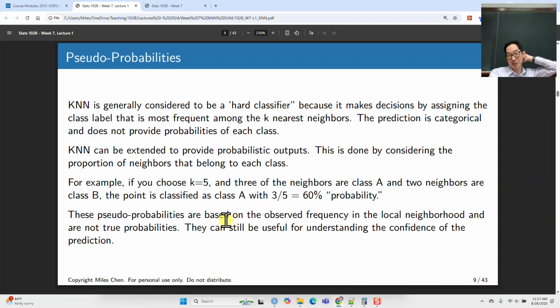These are not real probabilities. If we look at the 5 nearest neighbors and 3 of them are class A and 2 of them are class B, then we might assign a probability of 60% to class A, getting this fake-ish pseudo probability.